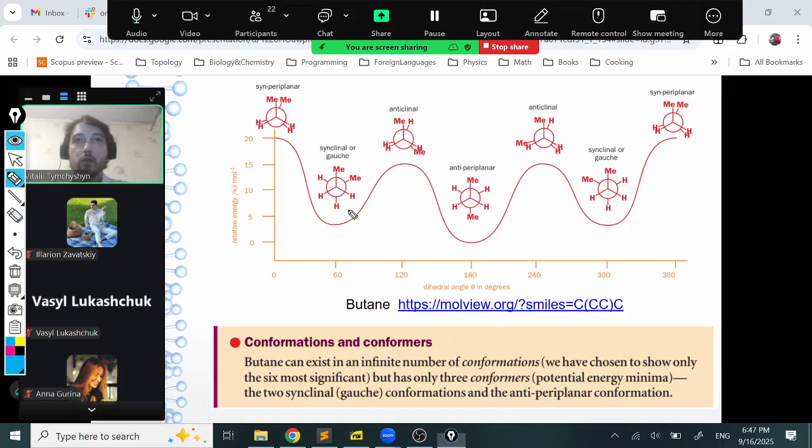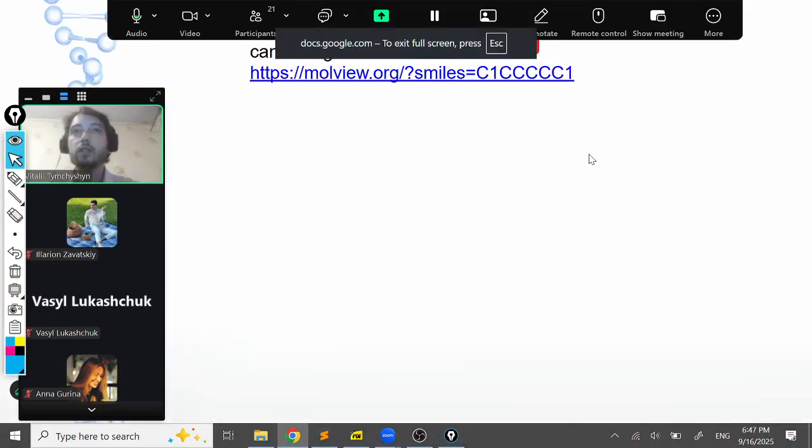To get from here to here, you should go through some sort of intermediate state that is not so energetically favorable. We will see that in some next lectures when we talk about reactions, how they proceed, and so on and so forth. And probably there will be some intermediate states and intermediate compounds that we are interested in.